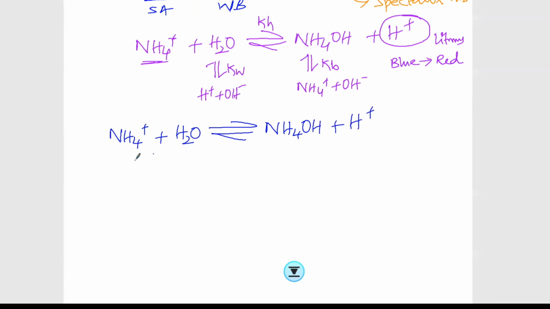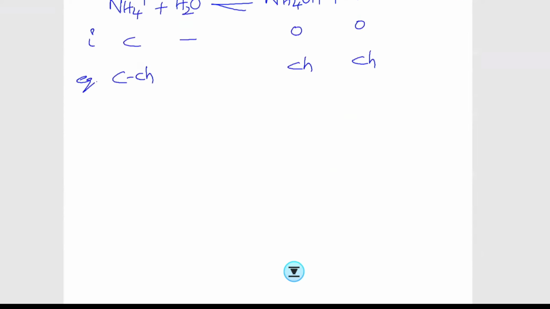If I take initially C moles of NH4 plus present, and we do not care about water, NH4OH will be 0 initially at time t equal to 0. At equilibrium, Ch moles got dissociated, and Ch moles of products are formed, so we have to subtract this from the concentration. So C minus Ch moles of ammonium are present at equilibrium.